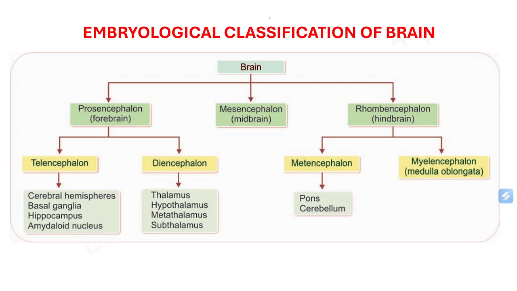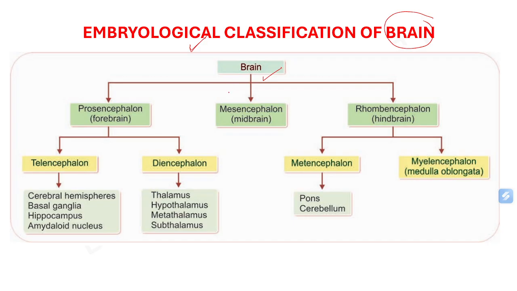Next, for us to understand more about the CNS, we should understand the master organ, that is the brain. So when we go to the classification of the parts of the brain, we look at the embryological classification first.